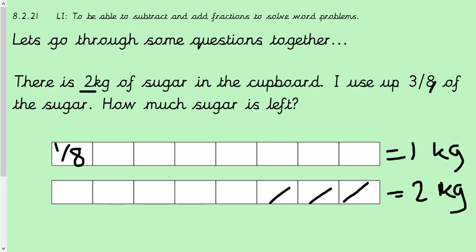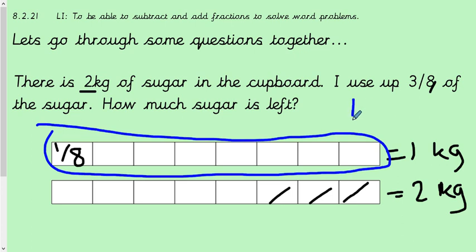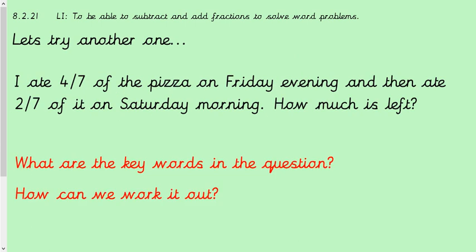And then you just count how many are left. So you've got 1 whole left still, and then you've got 1, 2, 3, 4, 5/8 left. So 1 whole and 5/8 kilograms is left. Okay, hopefully that all makes sense. Let's move on to another one then.